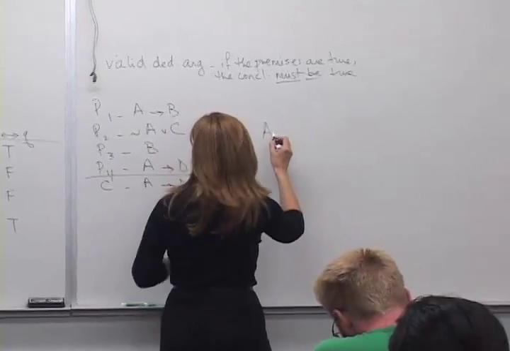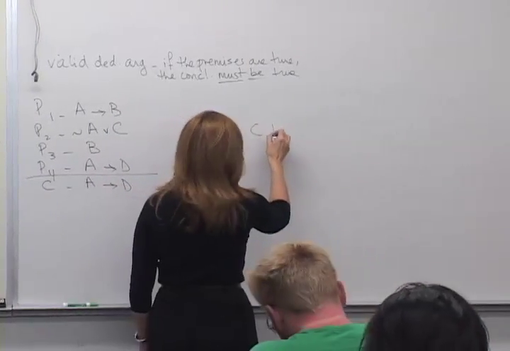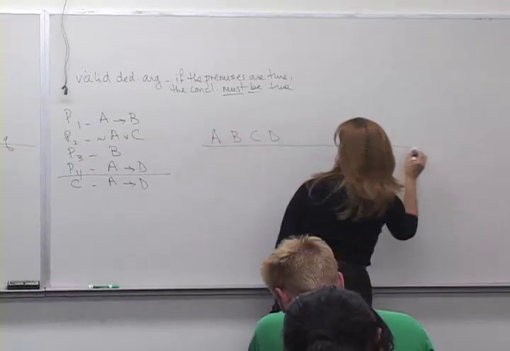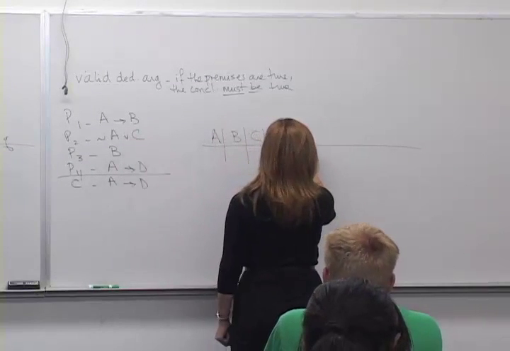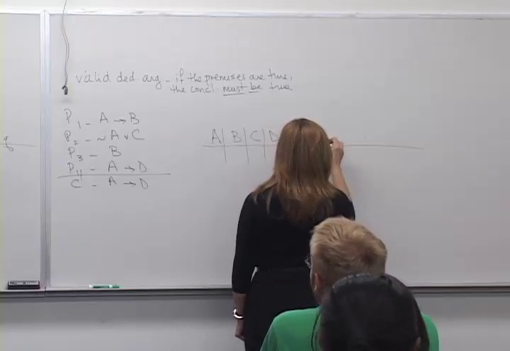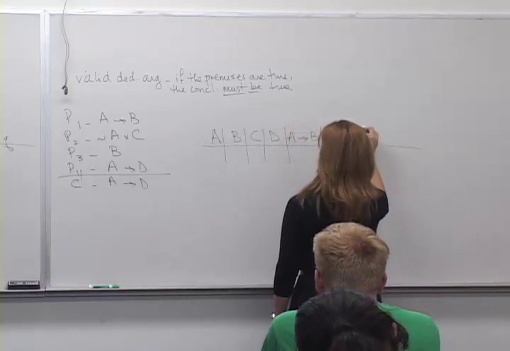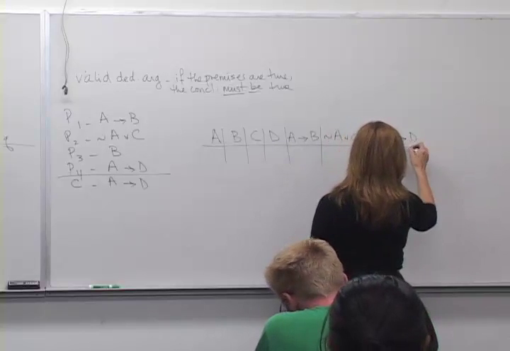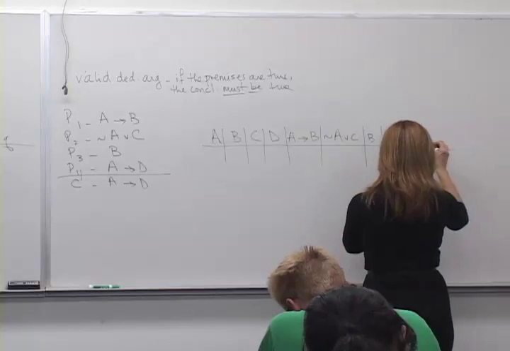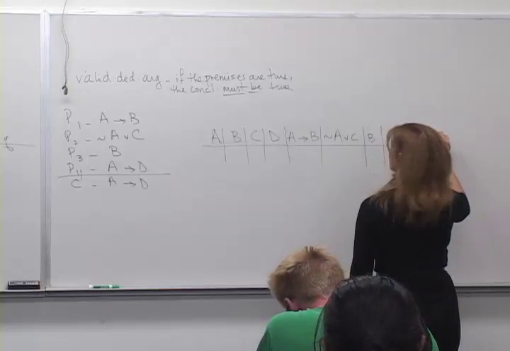Write down all the variables, A, B, C, D, in one row. Then you put the different premises: A to B, not A or C, B, A then D. And then you put the conclusion.